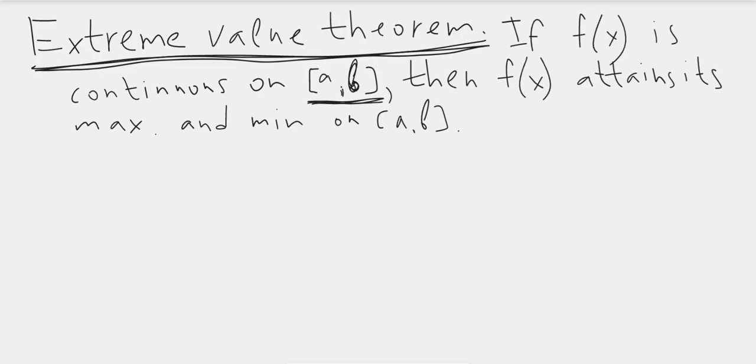So let's consider the proof. First, I made a separate video about the boundedness theorem, which says that if function f of x is continuous on the closed interval, then it is bounded on this interval. Here, this is a stronger statement, but we will use this boundedness theorem here.